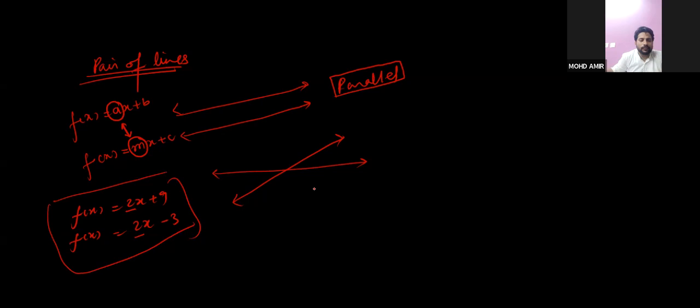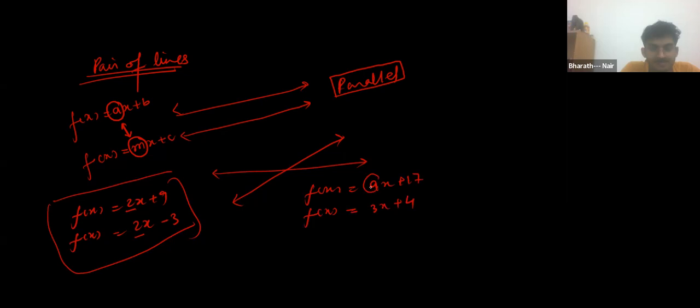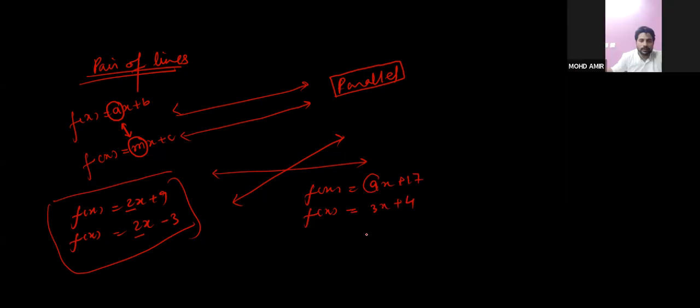An example of intersecting lines would be f(x) is equal to 9x plus 17, and a line like f(x) is equal to 3x plus 4. Now the slope here is 9 and the slope here is 3. These two are not equal, that means they are increasing or decreasing in a different manner, so they will be colliding at some point. Yeah, they will be intersecting at some point.